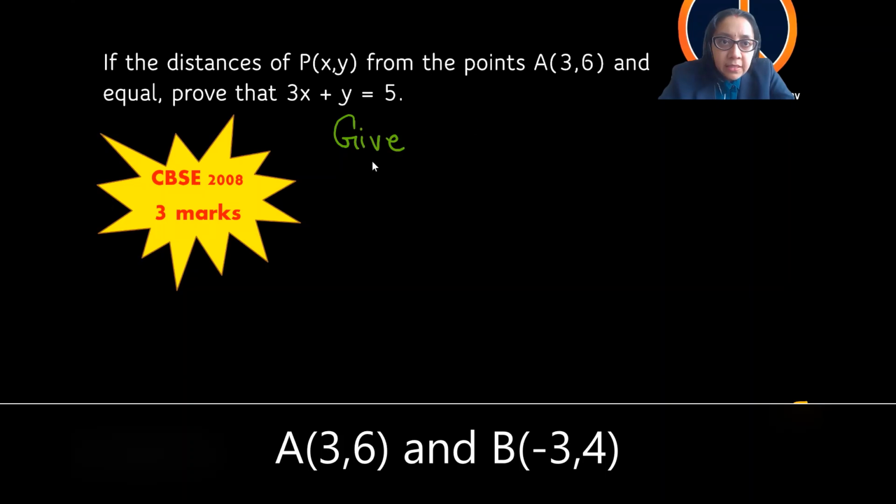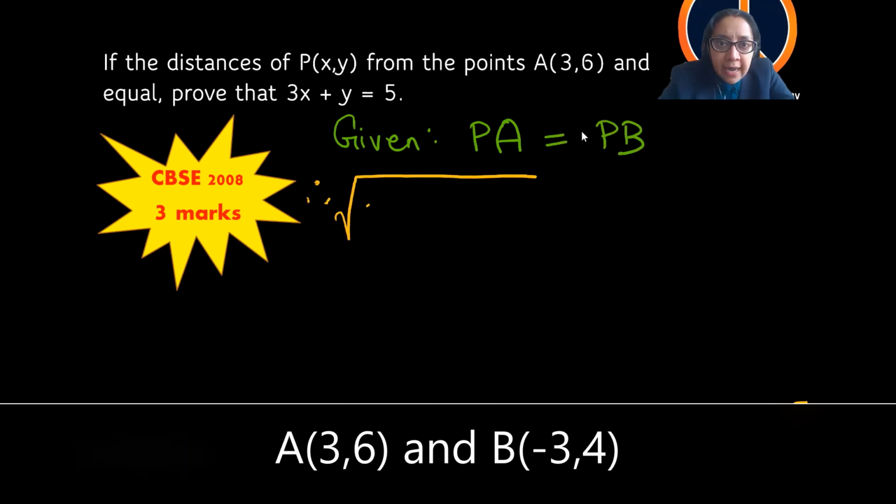So it's given that the distances of a point P, whose coordinates are x, y, from the points A and B. You can apply the knowledge of the distance formula here, right? So PA and PB are equal, because the distances of the point P from these 2 points are equal.